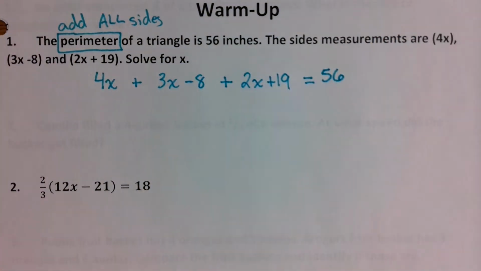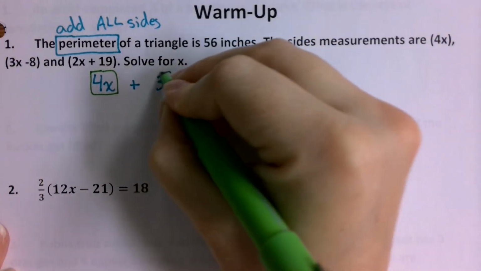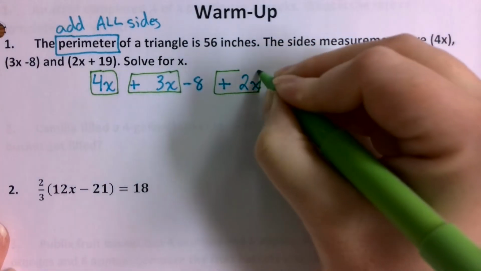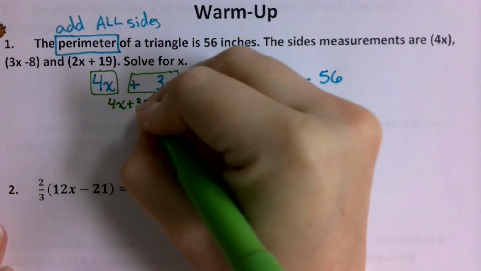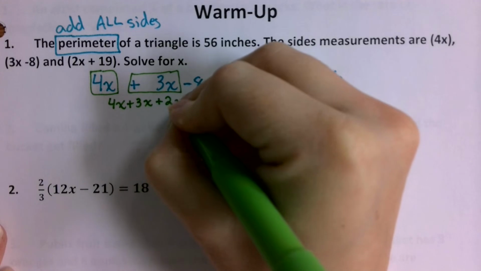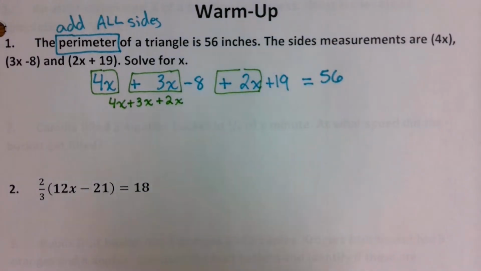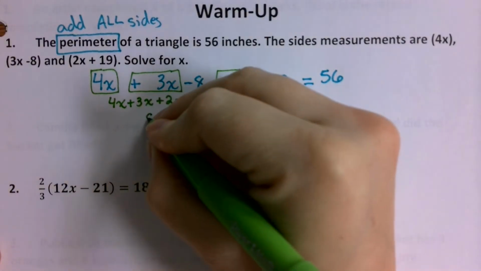Okay, when we have that, we first combine our like terms. So we have 4x, a positive 3x, and a positive 2x. So if I do 4x plus 3x plus 2x, what does that give me? 9x.